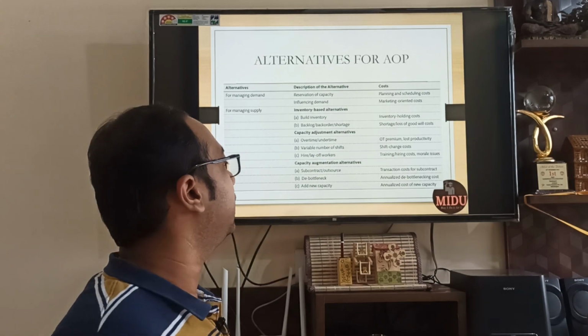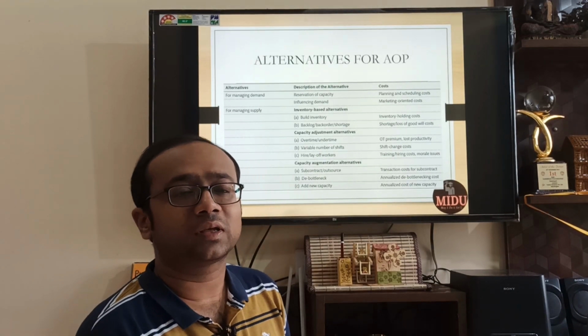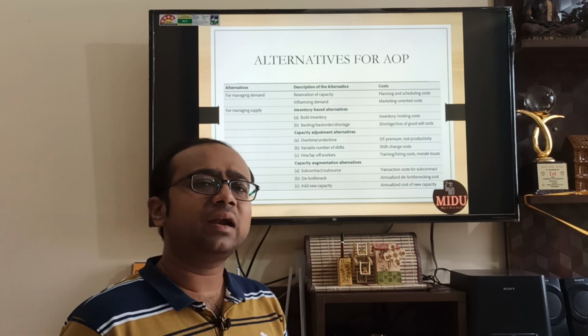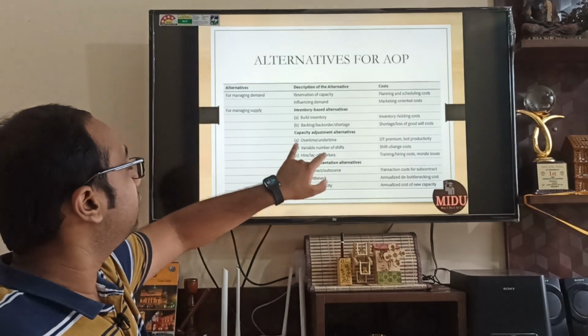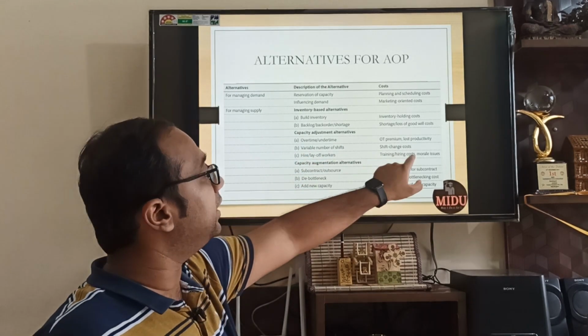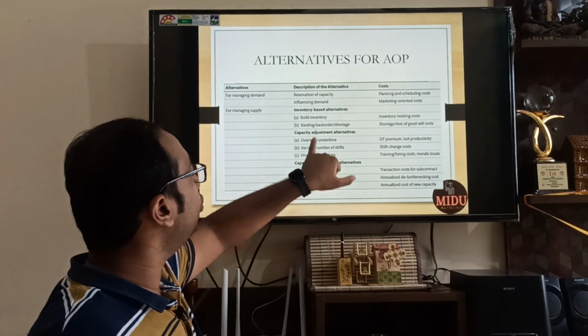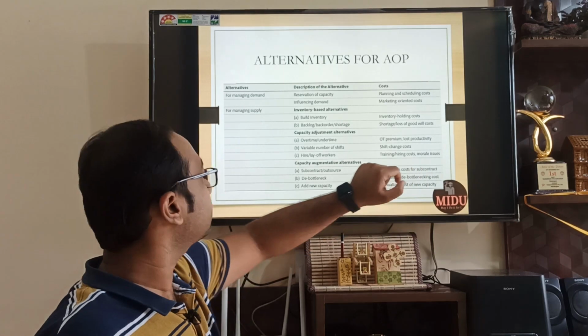Variable number of shifts: many companies do that. In peak season, for example, if your company is working 8 hour 2 shifts, they will make it 8 hour 3 shifts, more workers, but then again cost is there. Sometimes for existing capacity, you need additional hires, which will lead to training and hiring cost. Sometimes to reduce, you need to lay off, that will lead to morale issues, right?